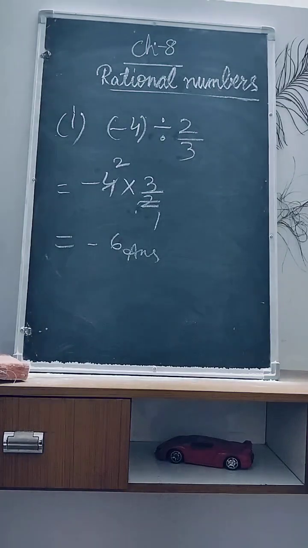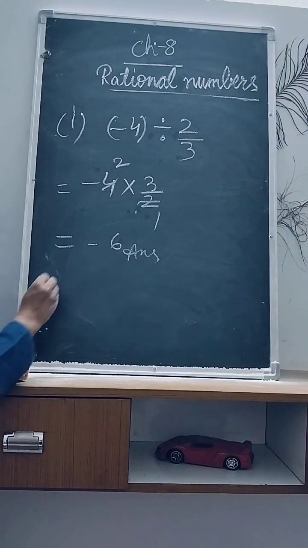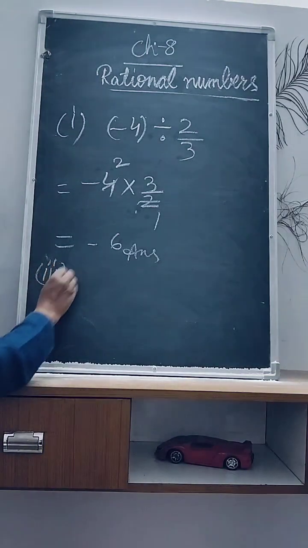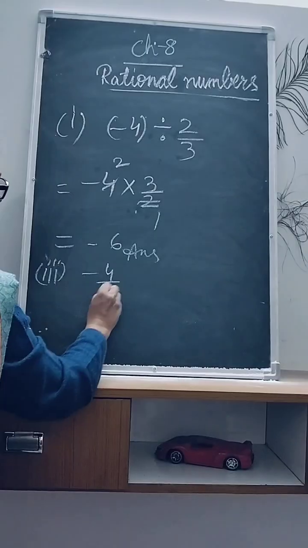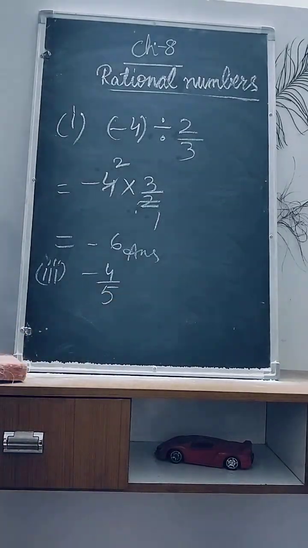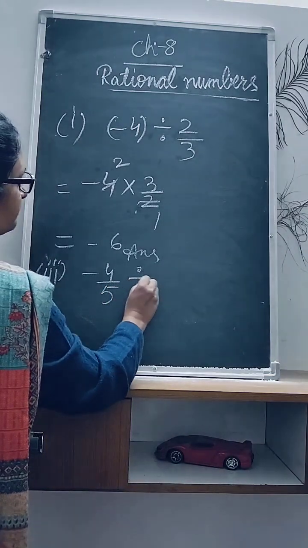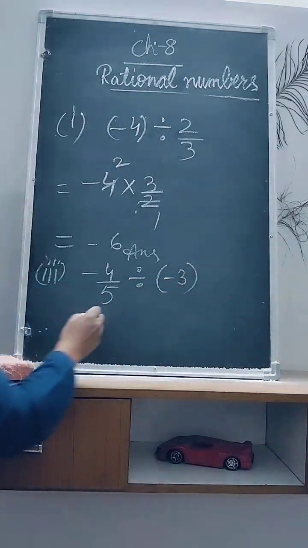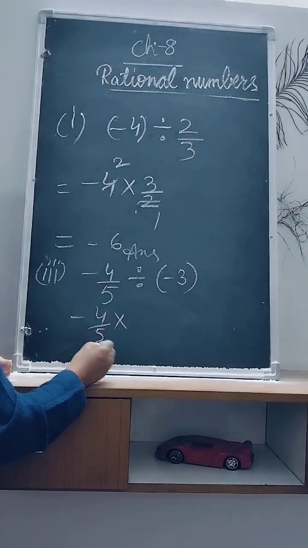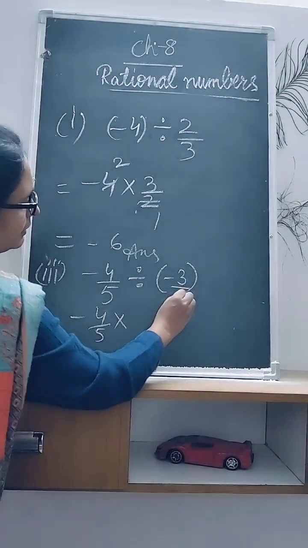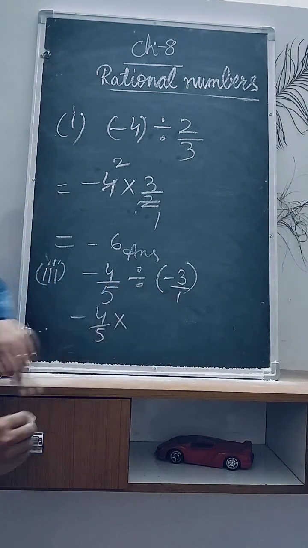Now one more part, the third part if we do of the same sum, sum 4: minus 4 by 5 divided by minus 3. Now minus 4 by 5, division is changed into multiplication. Minus 3 means nothing is there, you can write 1 below.